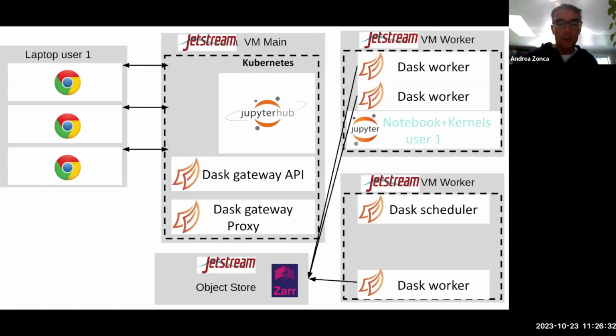Of course, we also want our data to be split in pieces at the source, so inside your object store. And so with Zarr, you create one file, but under the hood, that single file is stored in separate chunks. And this allows our workers to have parallel access. So this works a bit like parallel files.